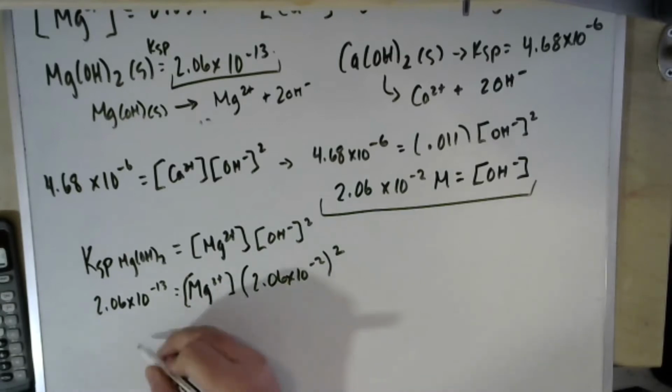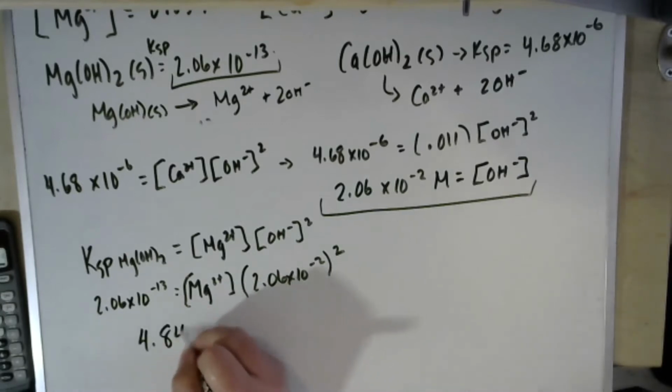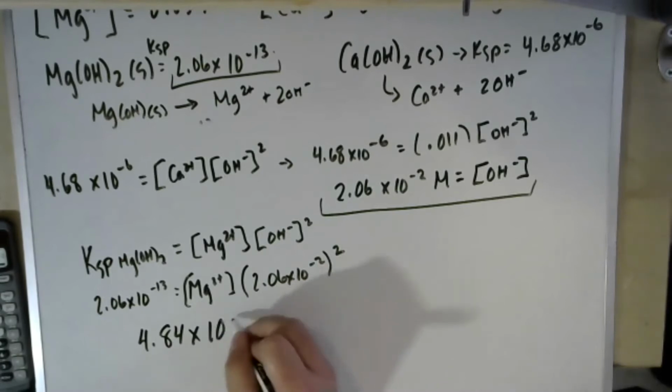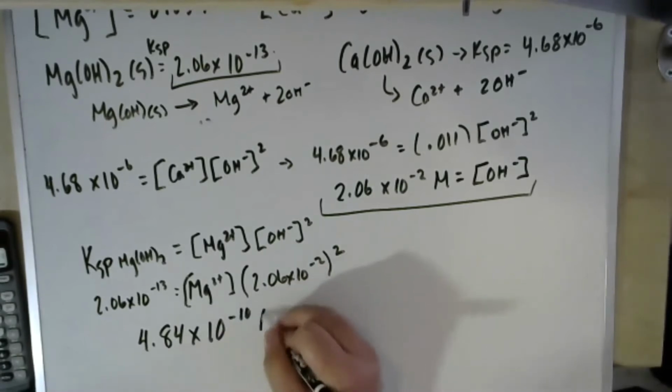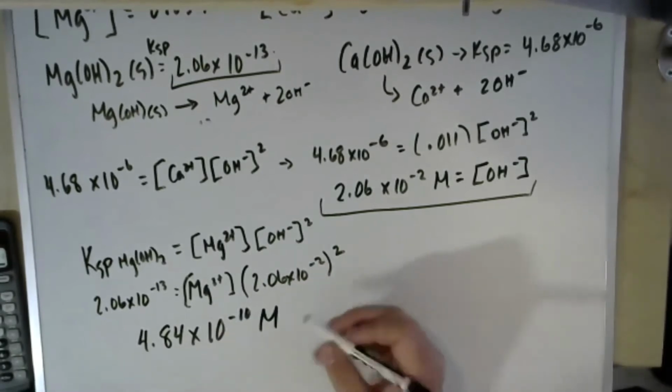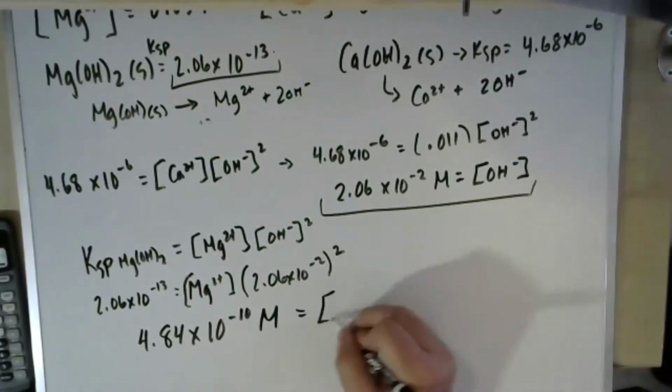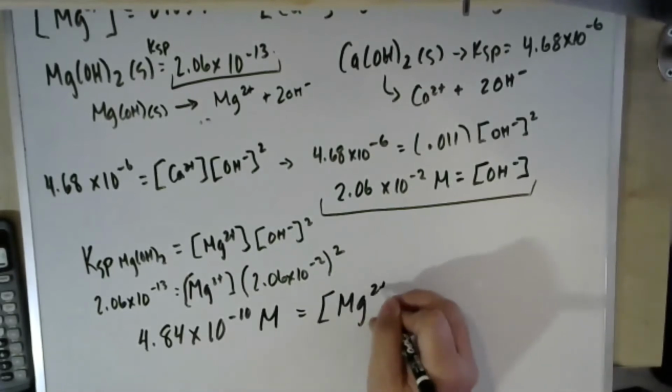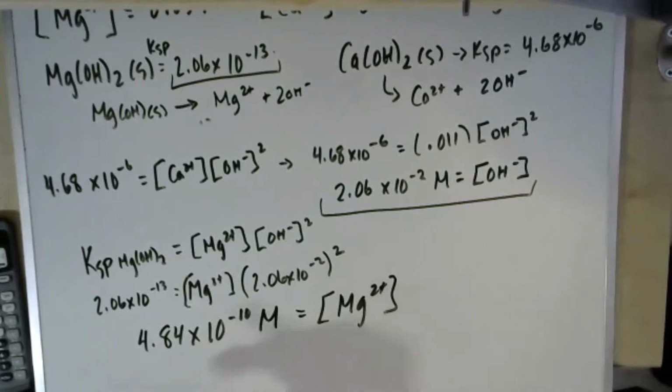And we end up with 4.84 times 10 to the negative 10 molar as our concentration of magnesium ion that's present once the calcium begins to precipitate.